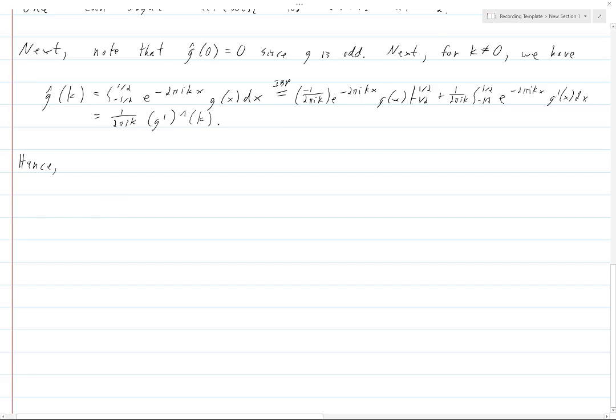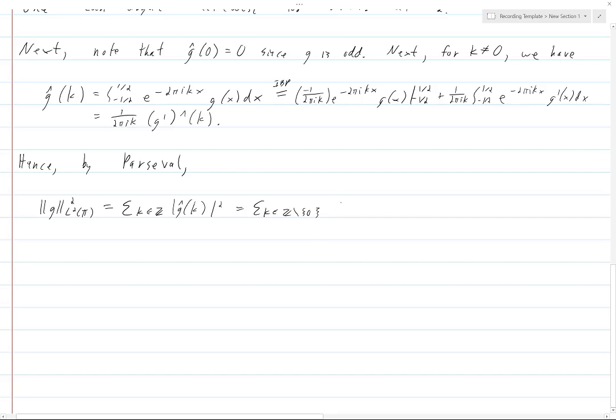Hence, by Parseval, we have the L2 norm of g on the torus squared. Here we're using Parseval. This is the sum over all integers of g hat of k squared. We know that g hat of 0 is 0, so we can exclude that.